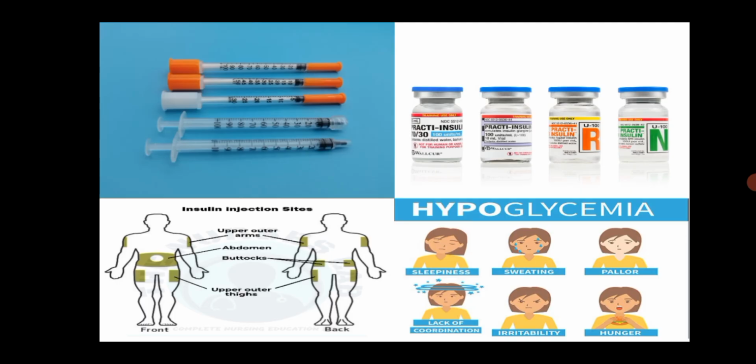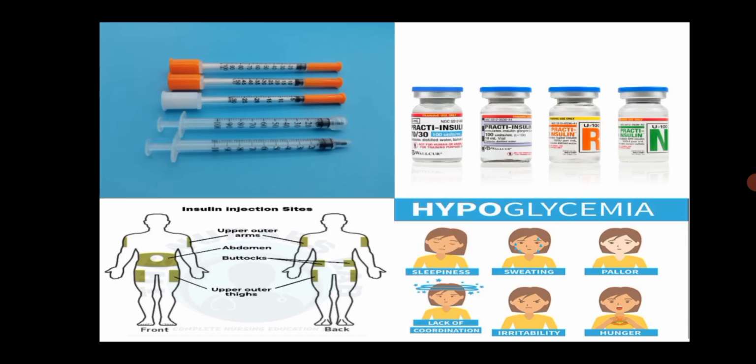Now, whenever we are administering insulin, as smart nurses, there are steps that we should follow. These steps include: one, make sure you wash your hands. After washing your hands, you verify the prescription. Then you check blood glucose levels. Then you prepare insulin correctly. Aside from that, you have to select the injection site. Then you clean the skin. Then you pinch it a bit.